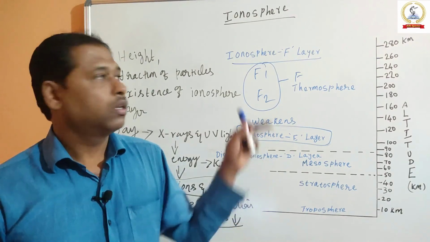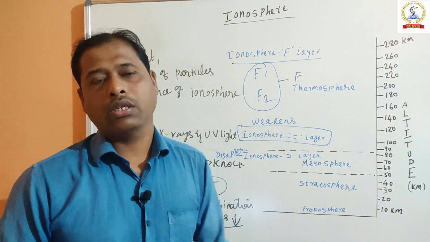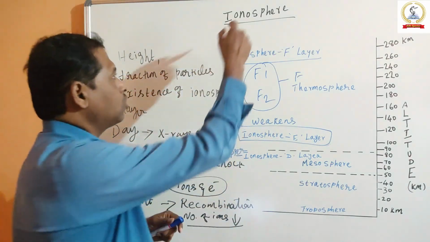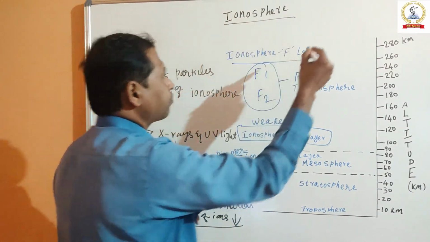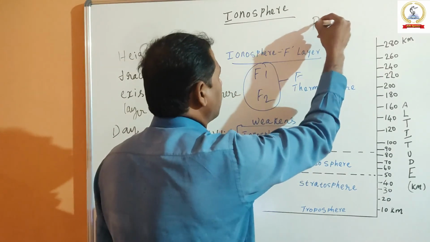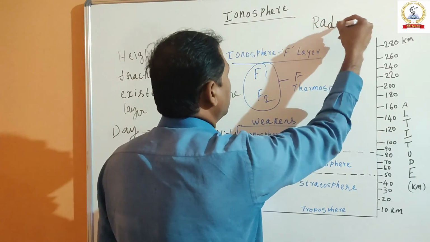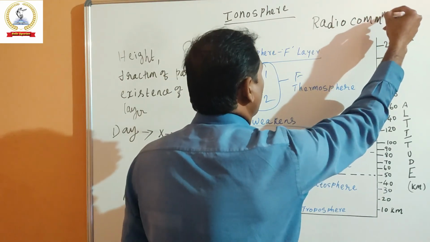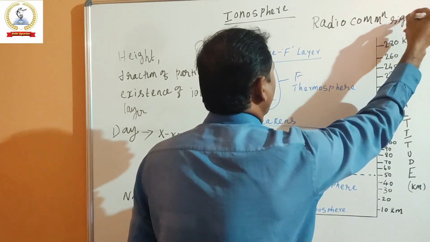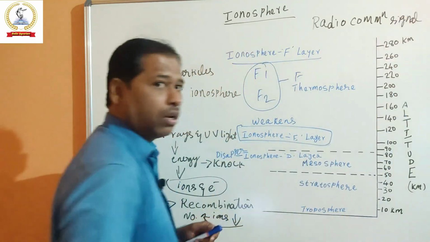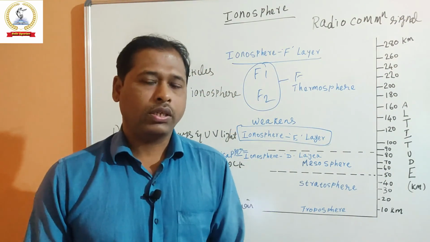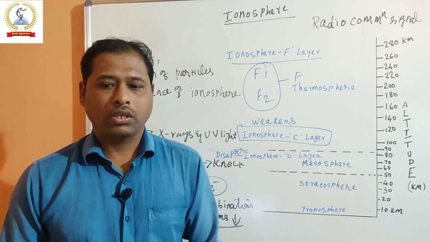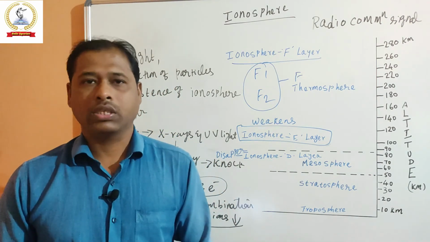You see, the impact of the ionosphere is large because the ionosphere affects radio communication signals. And another thing, GPS satellites use signals to determine location.